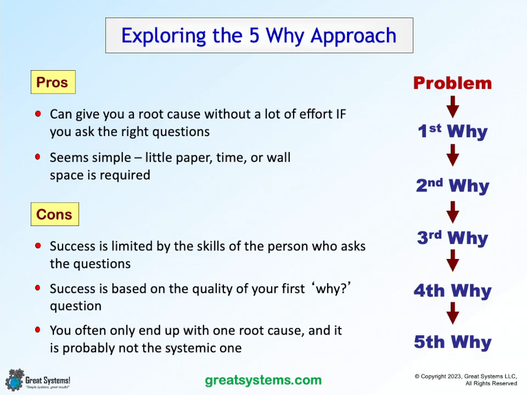Now, there are people who can ask very good why questions in succession and get to a systemic root cause. There are also people who can ask 5 whys in succession and get to a root cause, whether it's the true root cause or not. So you can see the pros and cons here.